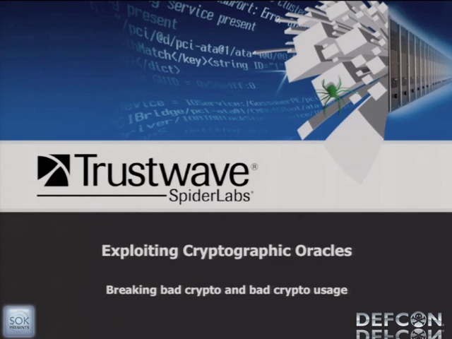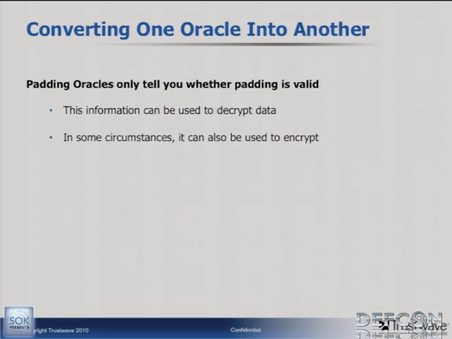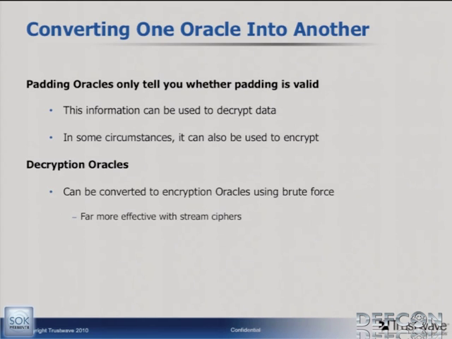So let's talk a little bit more about exploiting these crypto oracles. To convert one oracle into another, most of this involves brute forcing. We talked about padding oracles and using them to decrypt and encrypt data. Decryption oracles can be converted to encryption oracles.